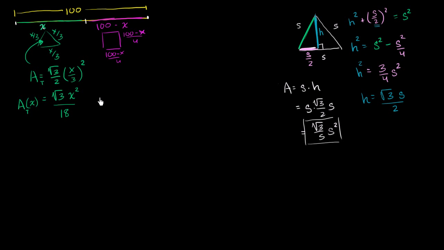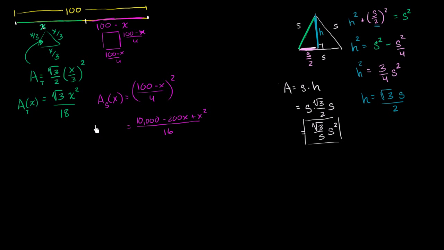So the area of my square as a function of x is going to be 100 minus x over 4 squared, which is equal to, well, let's see, it's going to be 100 squared, which is 10,000, minus 200x plus x squared, all of that over 16.